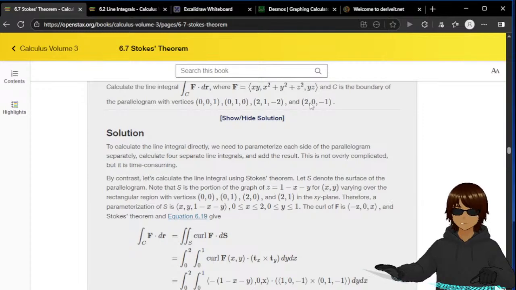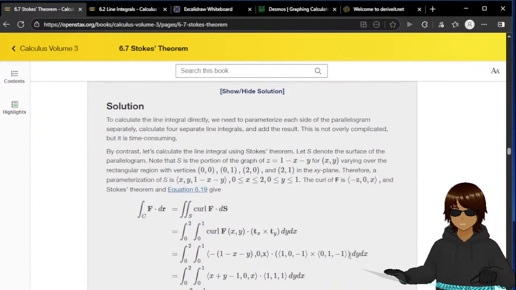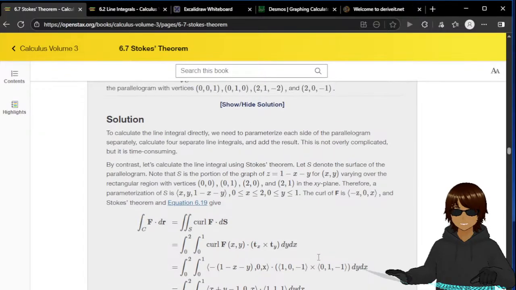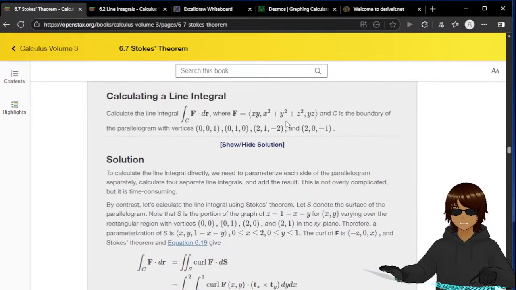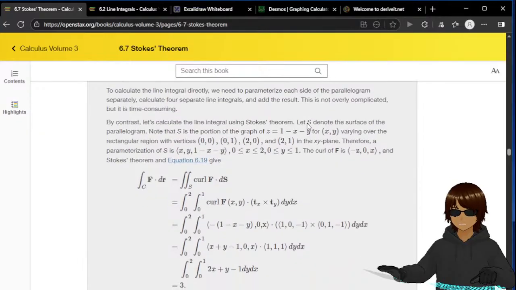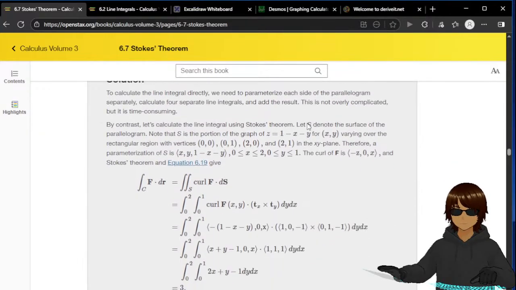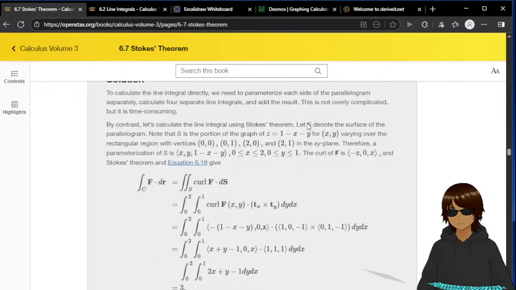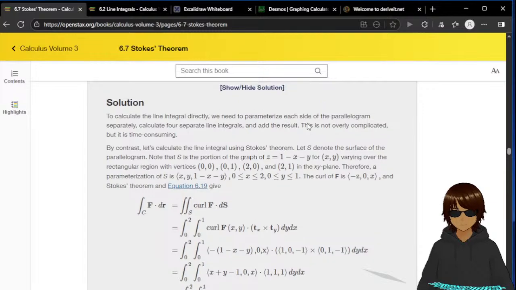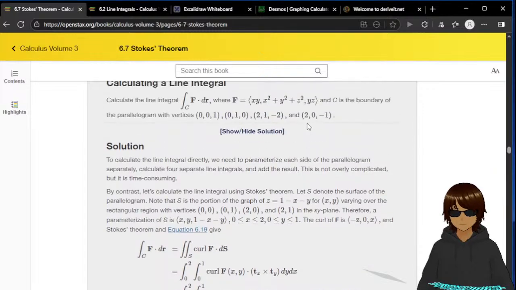dx cross dy. They did calculate this. Okay, this makes sense. If we differentiate all this with respect to x, we are left with y, 2x, and 0.